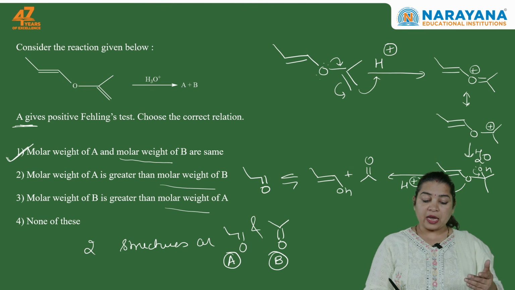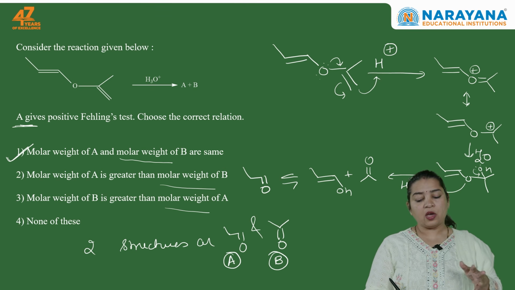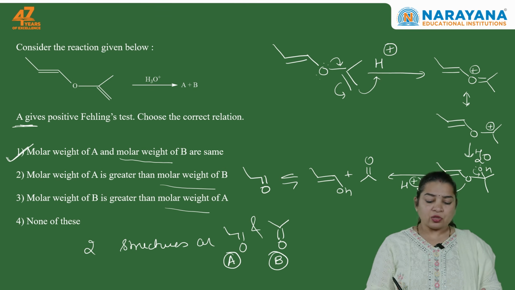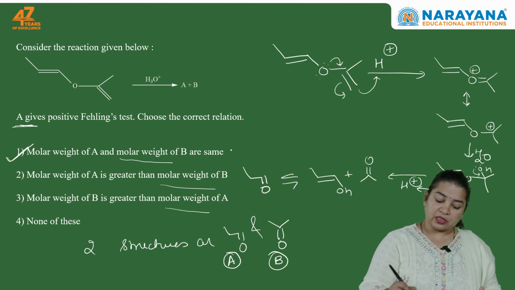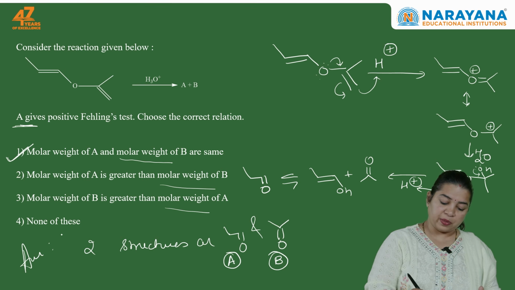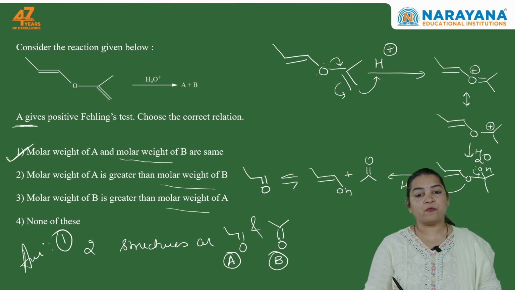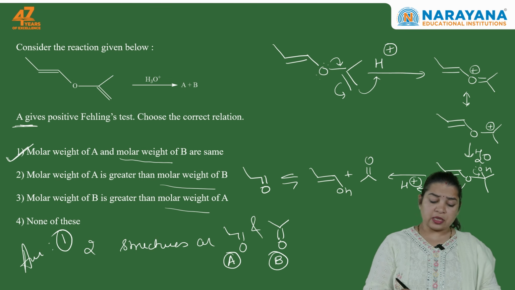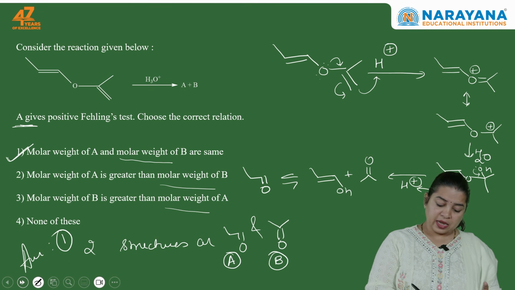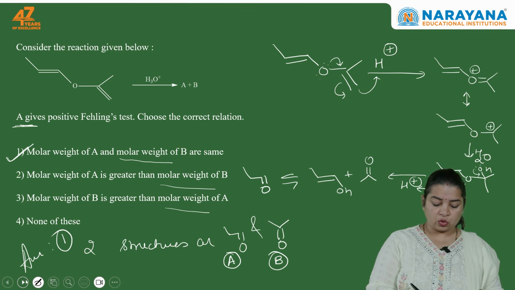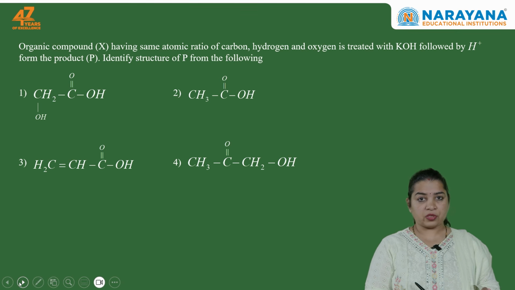Correct? In the second and third options, it is just saying either A's molecular weight is greater than B's, or B's is greater than A's. So, as they are isomeric, the answer for this question will be option number 1. This is a good question. It takes time to solve this with full concentration.